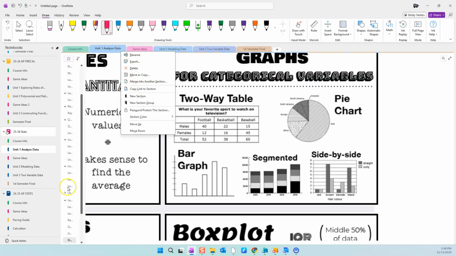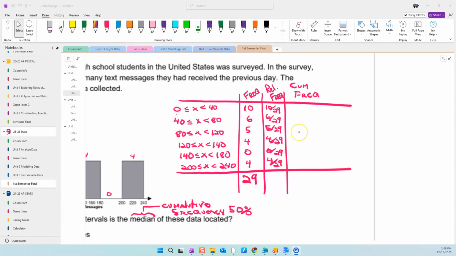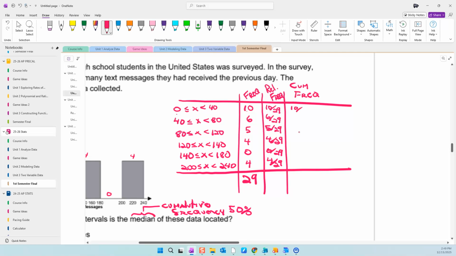All right, so this is 10 out of 29. And then when I add those, 10 out of 29 and 6 out of 29, I get 16 out of 29. And then I have 16 plus 5 out of 29.